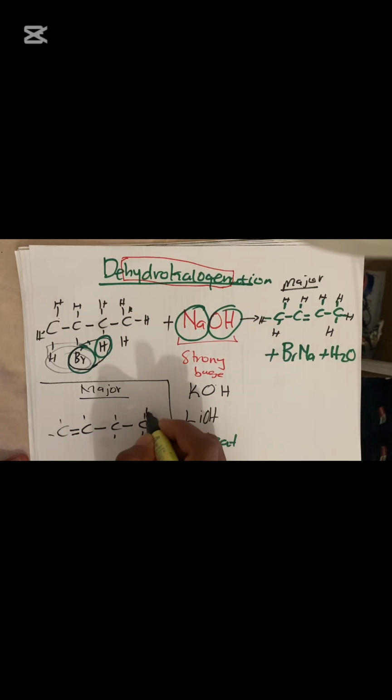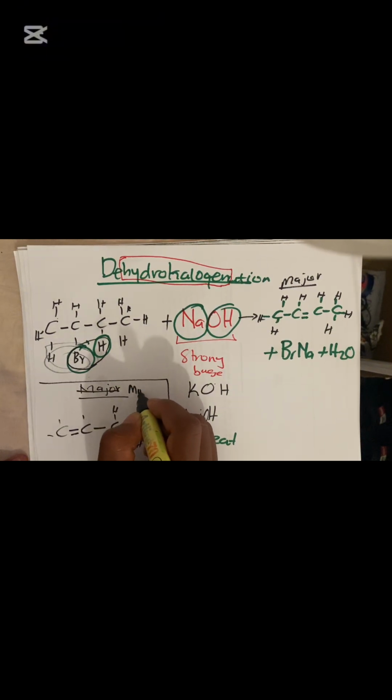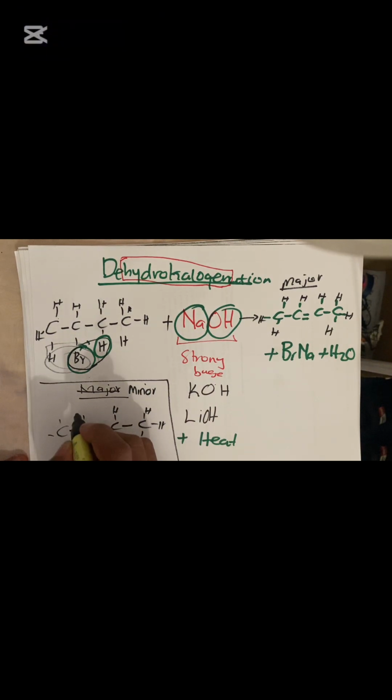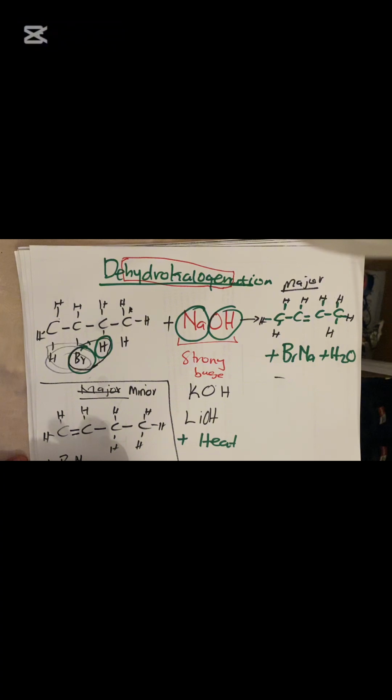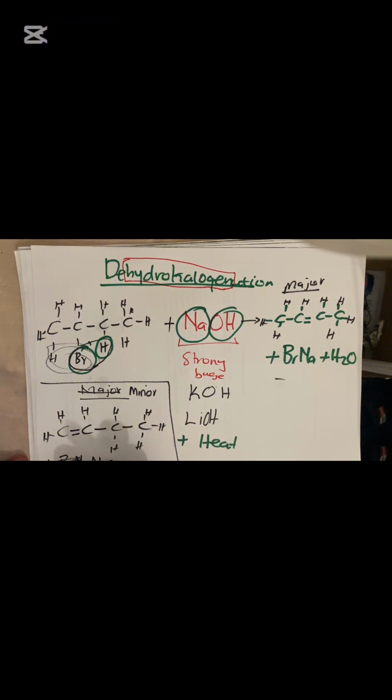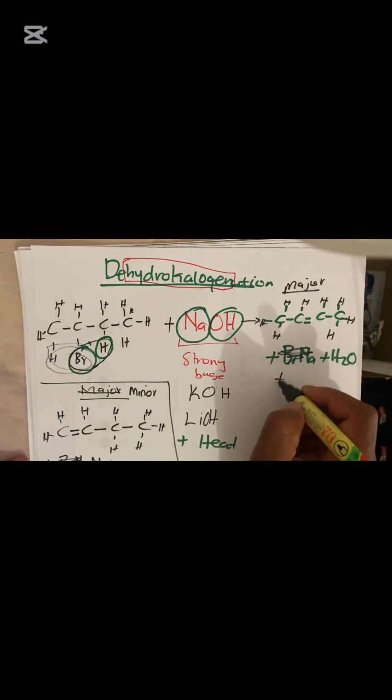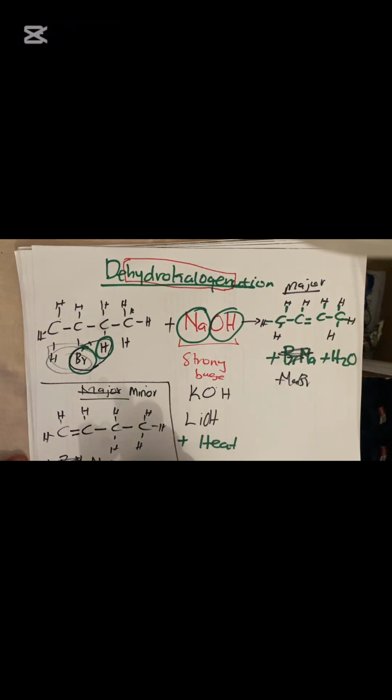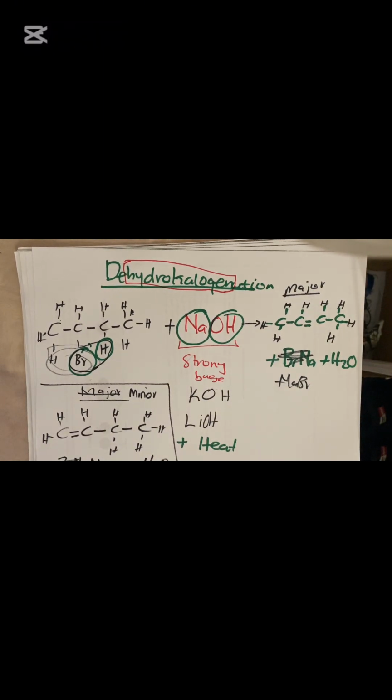This one will become our minor product, and then we have NaBr, plus H2O. So this one is the minor product. The major product follows Zaitsev.